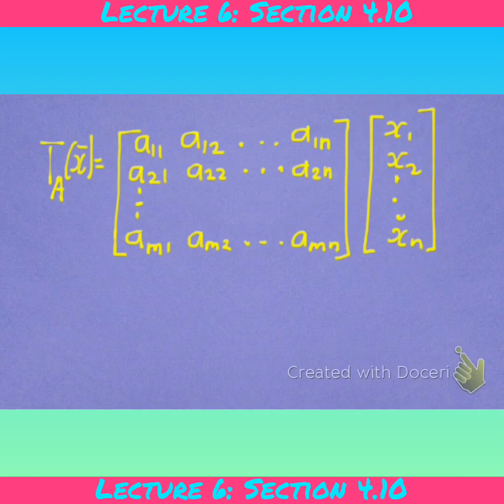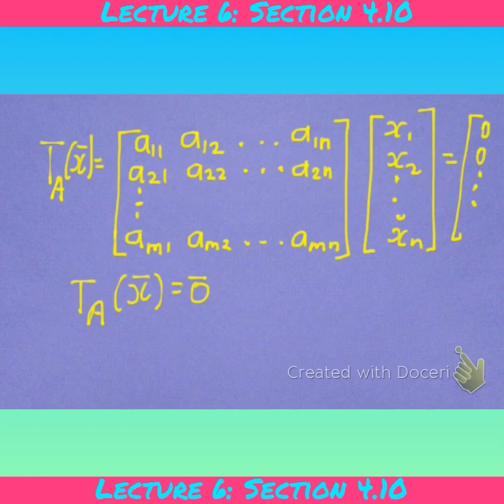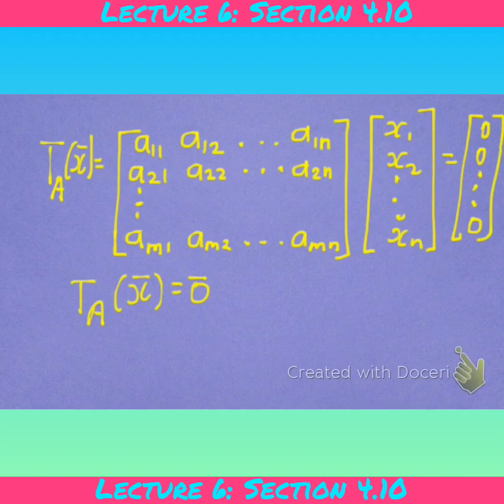Looking at the kernel of this function, it's looking at all the x's that map to the zero vector, which is equivalent to equating that to the zero vector and then solving for your x values. That is just the null space of the function T subscript A.